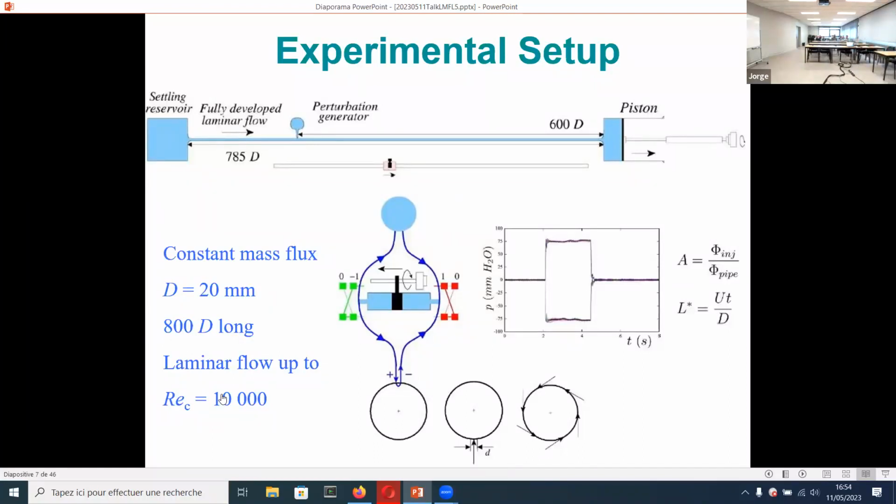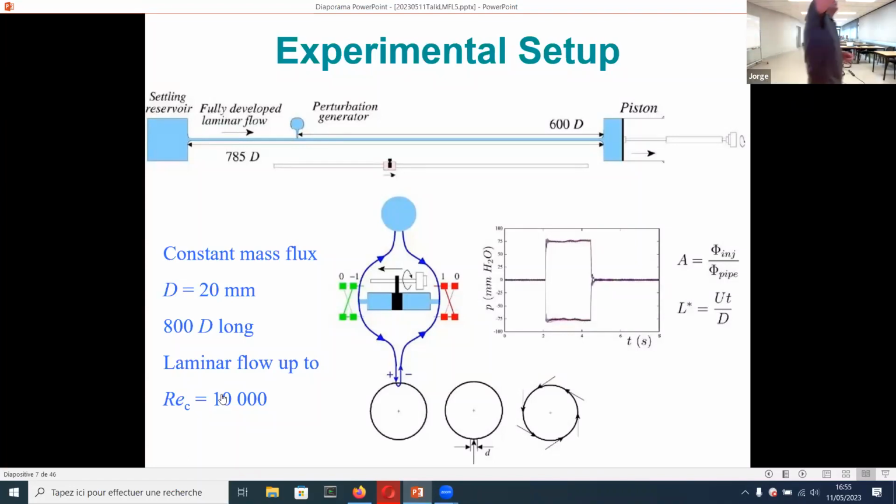So the experiment in Manchester was a little bit special. It was not a pressure-driven flow, it was a constant mass flux experiment. So instead of creating a constant pressure, we used a big syringe, a piston that will fix the velocity here, and then the flow will be created and kept constant in the pipe.